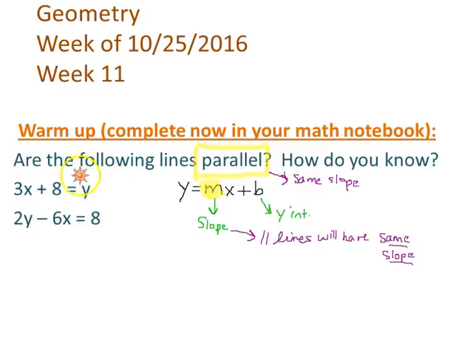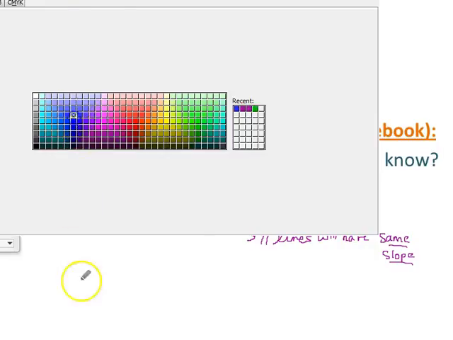We've got y all alone, and then we've got the 3x and the 8 on the other side. So what is the slope? Remember, the slope is the number being multiplied by your x term. So what's being multiplied by the x term? 3 is. So the slope of our first equation is going to be 3.